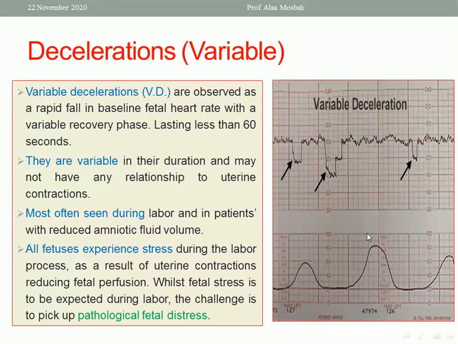Variable decelerations are observed as a rapid fall in the baseline fetal heart rate with a variable recovery phase lasting less than 60 seconds. They are variable in their duration and they may not have any relationship to uterine contraction. As you see here, this one happened without any uterine contraction, so it can happen at any time.